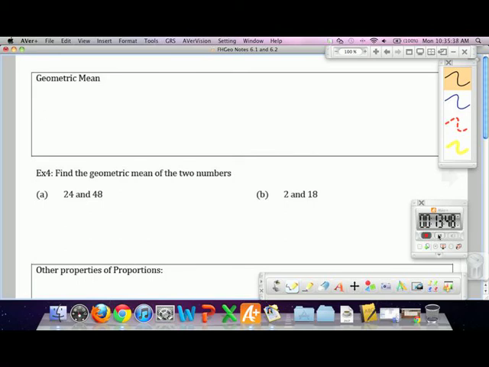The geometric mean we're going to get in a more multiplying fashion. The geometric mean between 2 numbers is the square root of the product of 2 numbers.